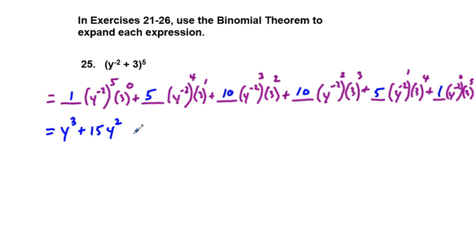Next one here we have 3 to the power of 2, which is 9, times 10 is 90, y to the power of negative 2 times 3. That's going to be negative 6, isn't it? I messed up the other one, didn't I?